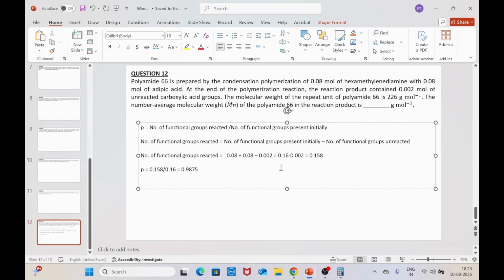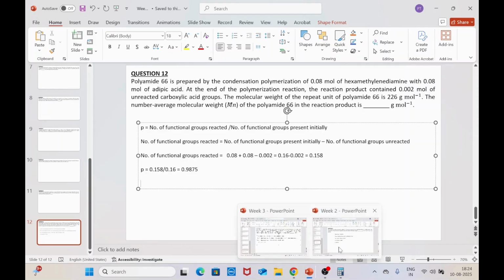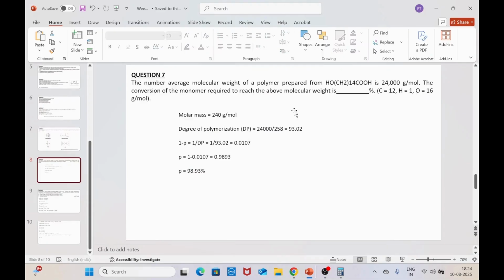Is this fine? The extent of reaction P was discussed in the course, so you can also look at it there.